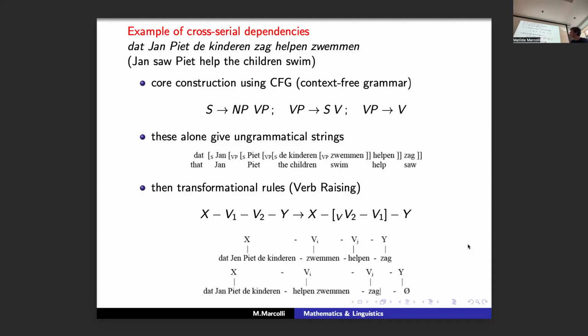And so in terms of transformational grammar, you would first have the context-free grammar generate something which is not the grammatical form in Dutch, but would be more similar to combining the subject with its own verb. But then you would have some transformational rule that would reorder things, and that would be language specific.